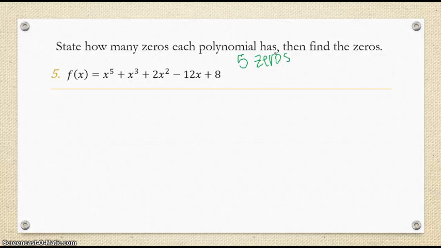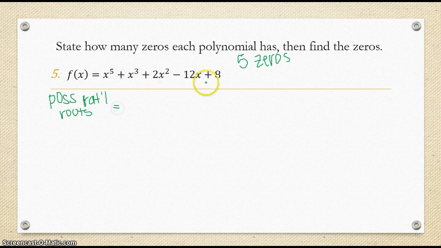I'm going to need to list all of my possible rational roots, which, if you remember, is the factors of your constant divided by the factors of your leading coefficient.